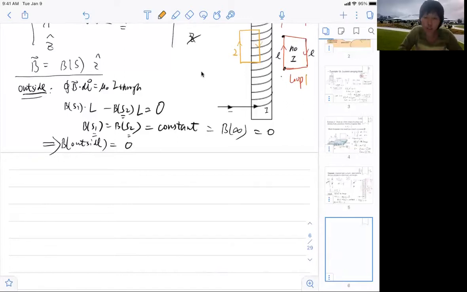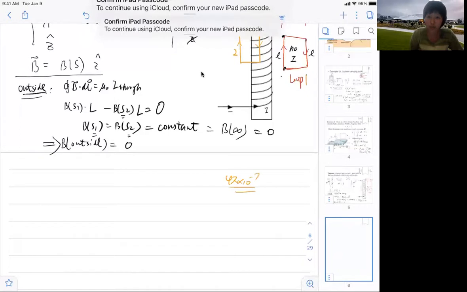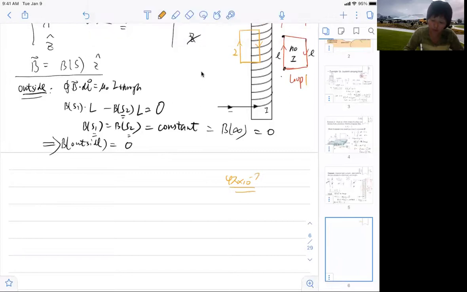I think you were quoting the final expression for B inside the solenoid. Yes, it's mu naught n times I. Mu naught is just a constant, 4 pi times 10 to the negative 7. It's the magnetic constant, so it doesn't depend on the turns.